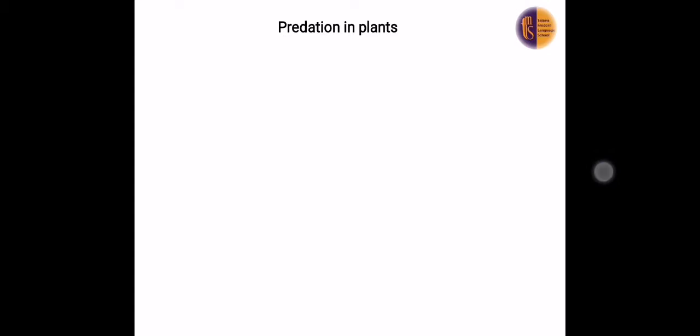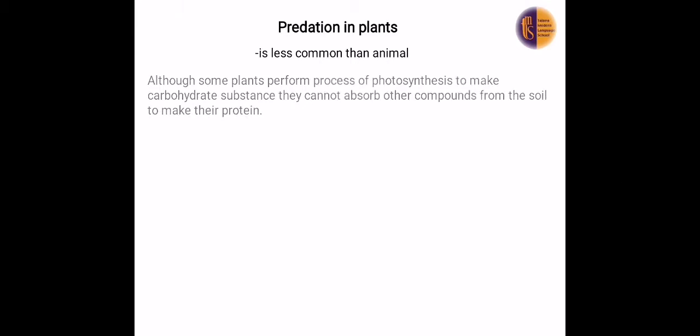Predation in plants. We have predation in plants, but it's less common than in animals. Why? Because we know before that plants can make their own food by the photosynthesis process, right? But we have some plants that cannot absorb other components from the soil to make their protein.